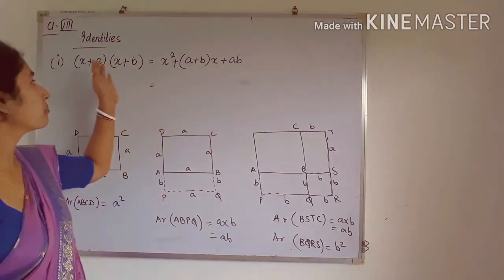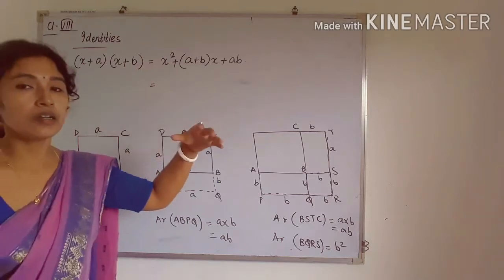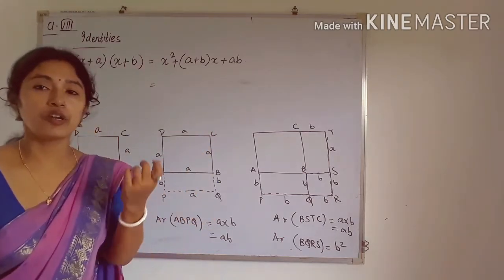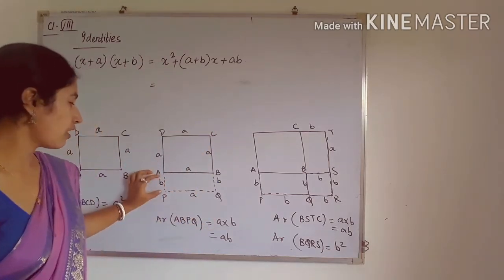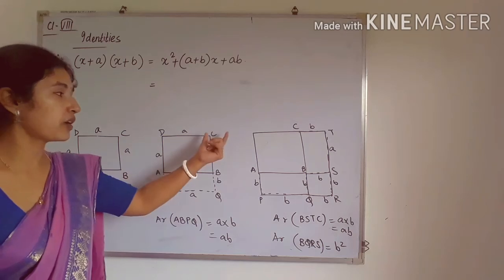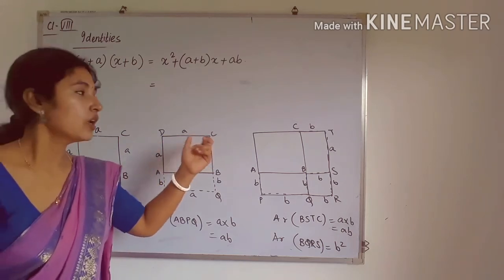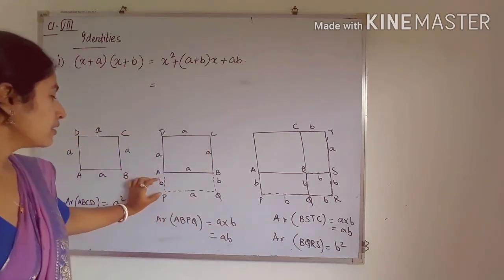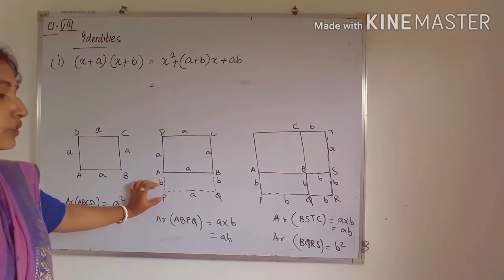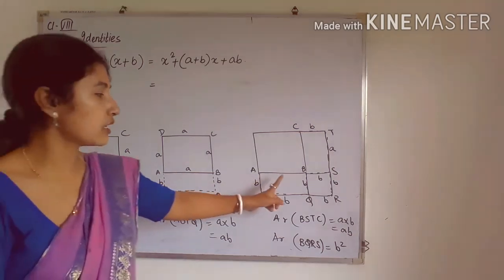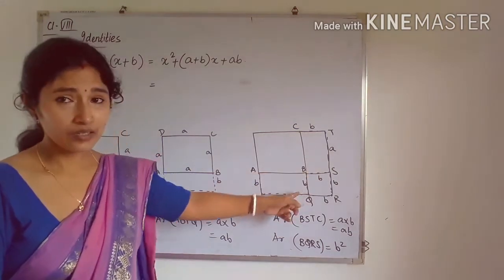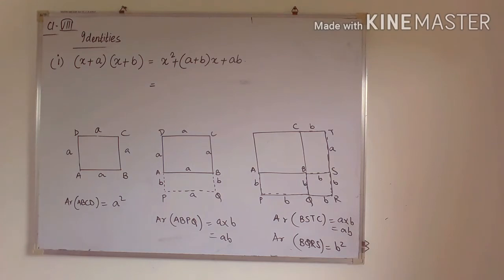In the previous one, we had extended a different length. Suppose this was A, and this part we had taken B. We had taken differently. But here we are taking the same length of the rectangle on both the adjacent sides.